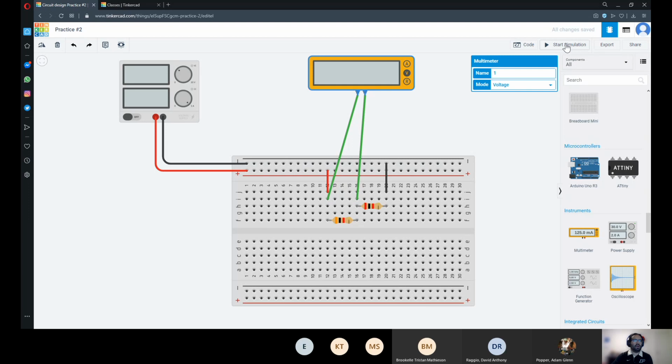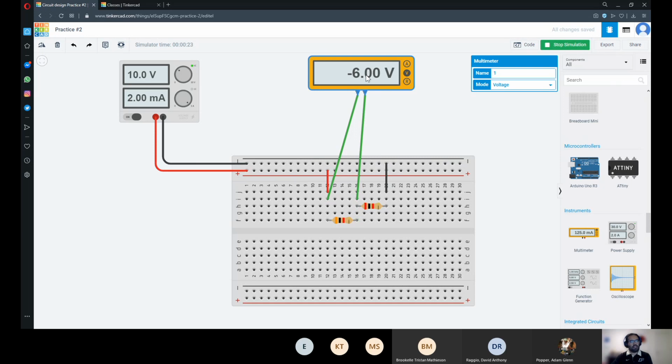We can go to the button on the upper right and start the simulation. For example, here I connected the negative of the multimeter to the positive side of my power supply and the positive of the multimeter to this middle point.